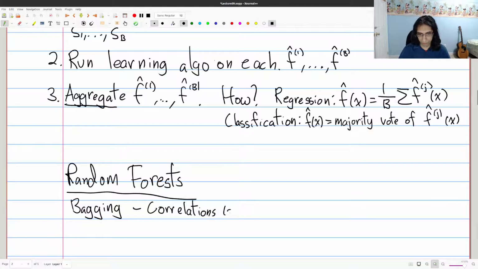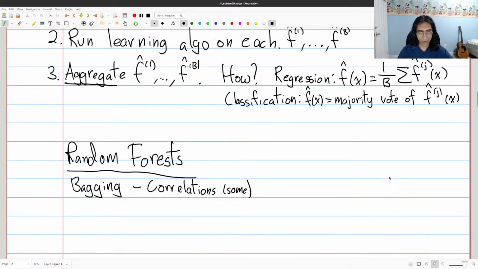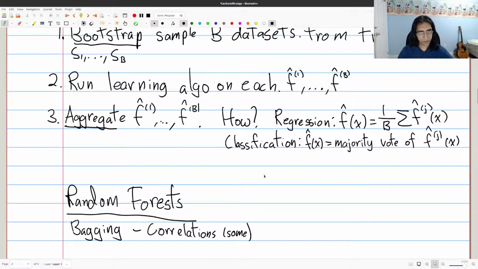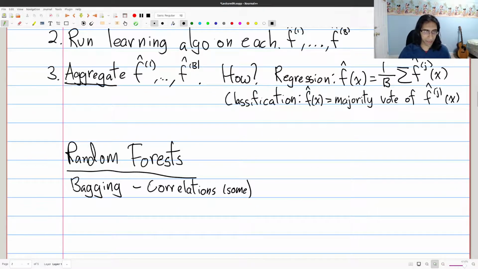At least some of them, not all correlations. It's a very simple tweak to how we would do bagging. Sorry, let me say in particular, this is bagging on decision trees minus some correlations.